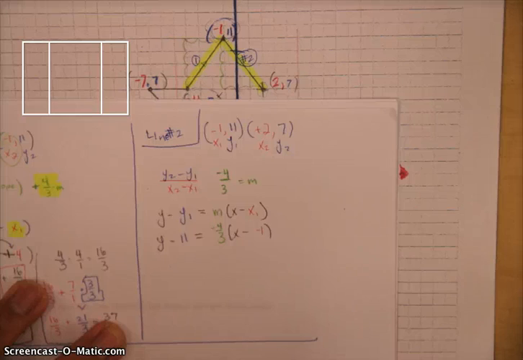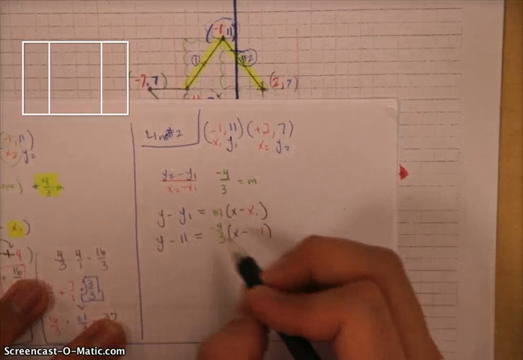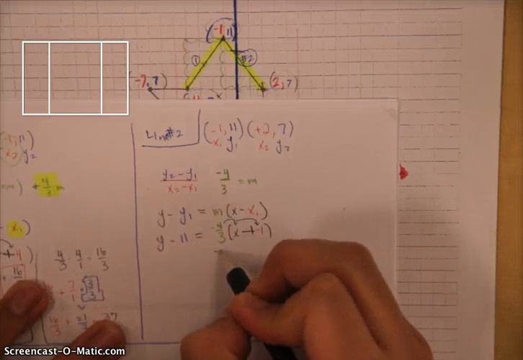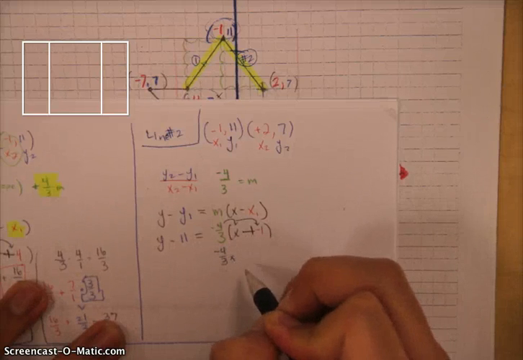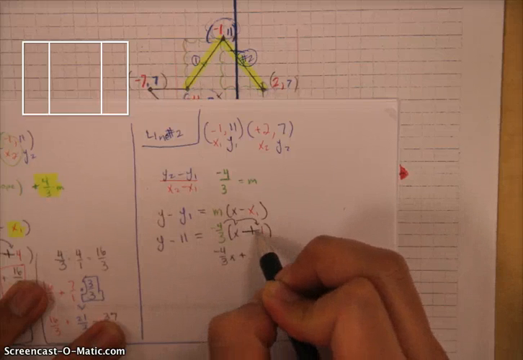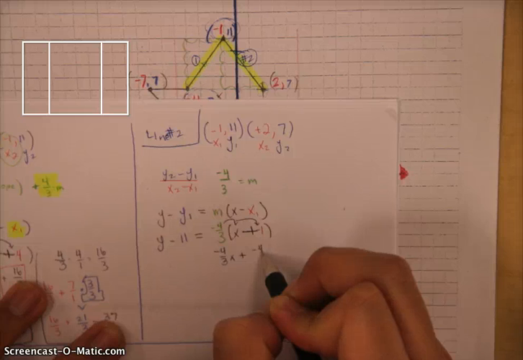Again, I'm going to solve this and go through it a little more quickly. Distribute. This is negative 4 over 3x. And then negative times a negative is a positive, times 1 is the same thing, 4 over 3.